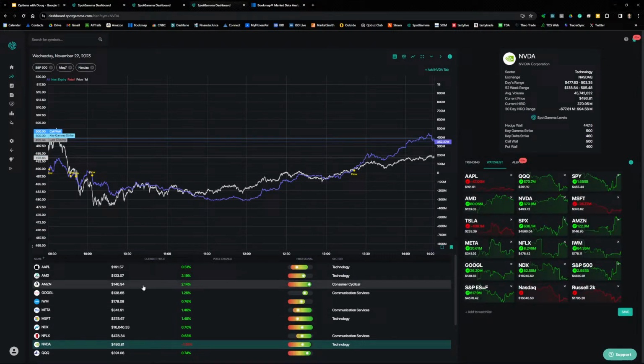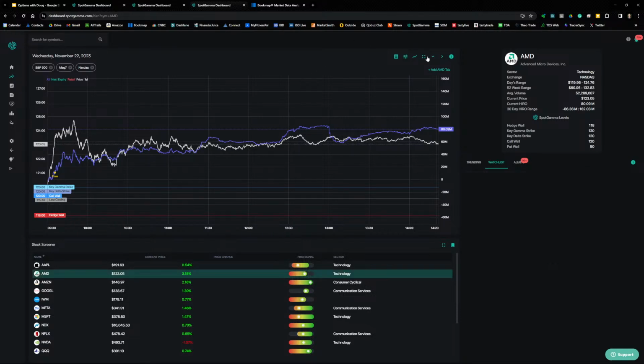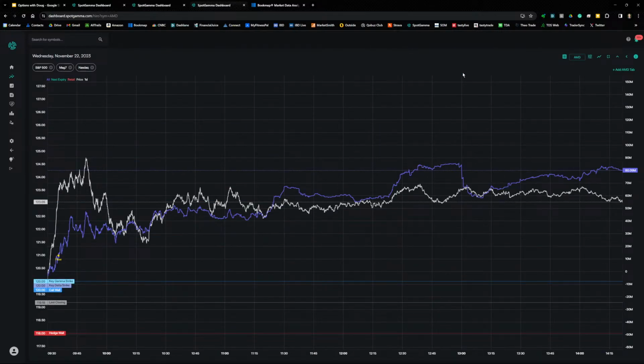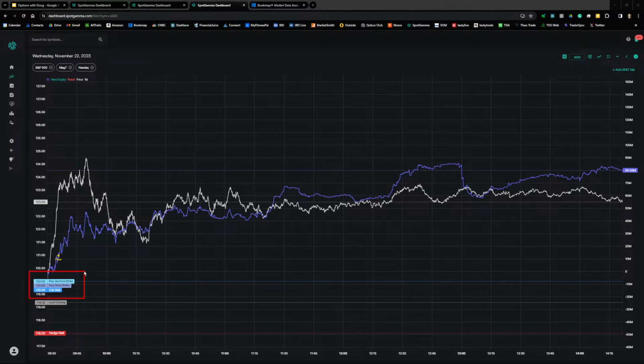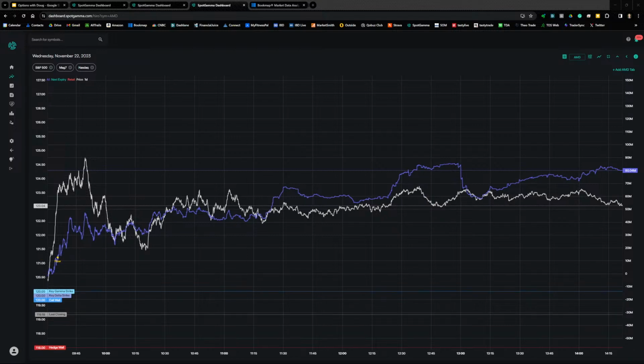Let's take a look at AMD, just kind of the opposite here. AMD reversing, moving higher at the call wall, key gamma strike 120, as traders were taking positive delta positions.